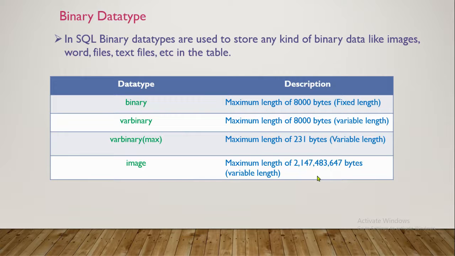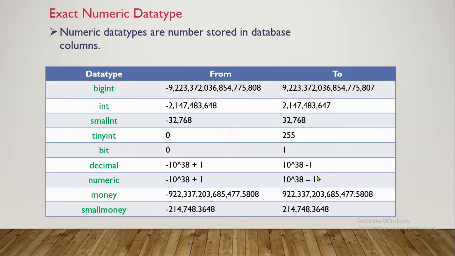Now the next data type is exact numeric data type. In exact numeric data types we store numbers. Sometimes we have to store a mobile number, sometimes pin codes. If you want to store that in a column, then the column data type should be numeric, like bigint. Bigint can store from this range to this range.